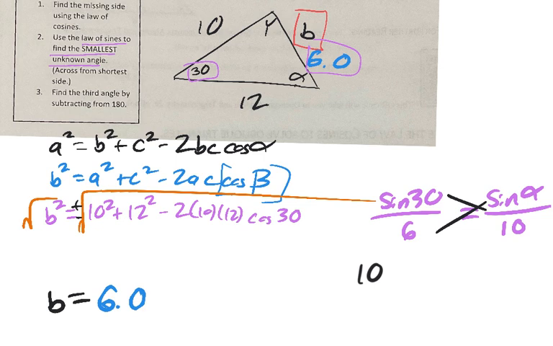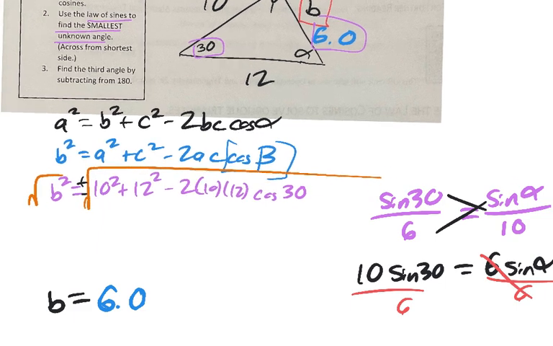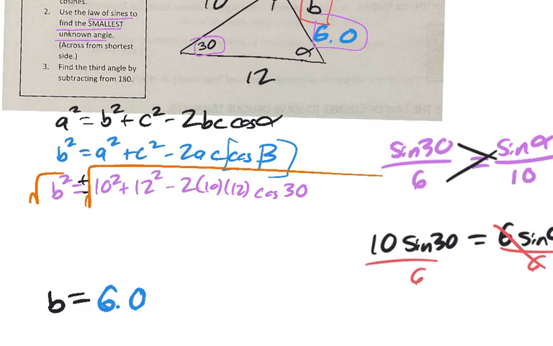Let me not do that. That's just going to confuse people. 10 sine 30 equals 6 sine alpha. Divide by 6, divide by 6. Which means sine alpha equals 10 times sine of 30, which is a half.